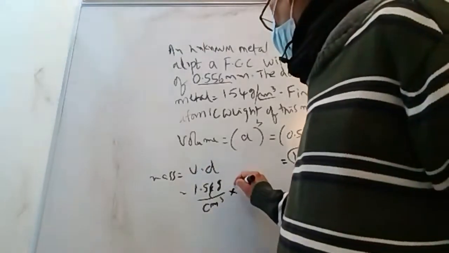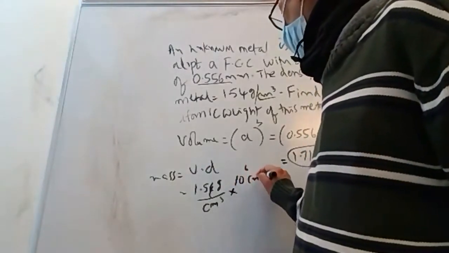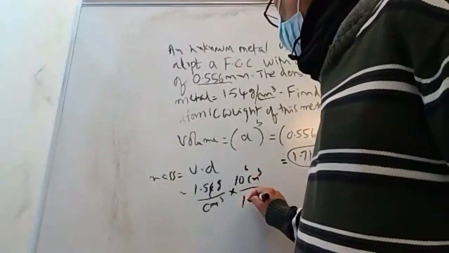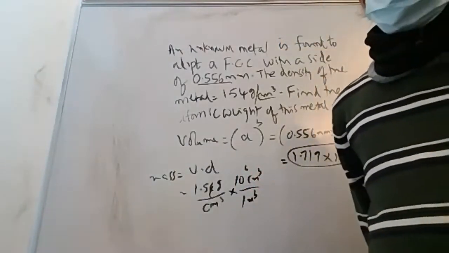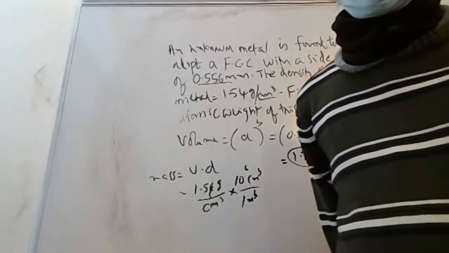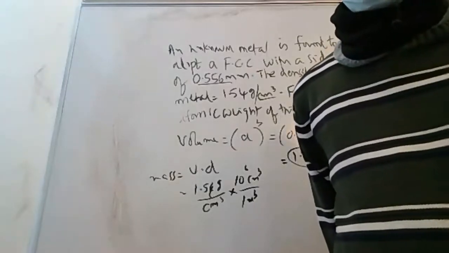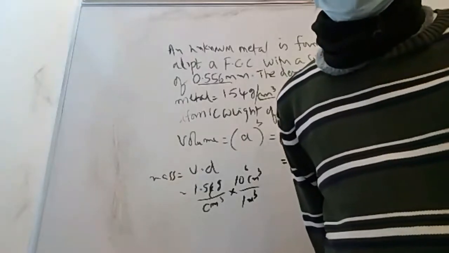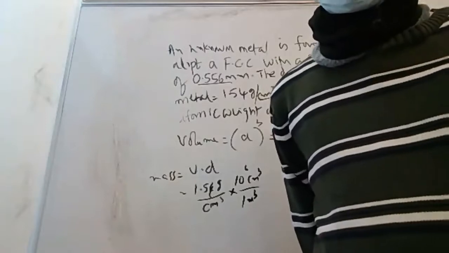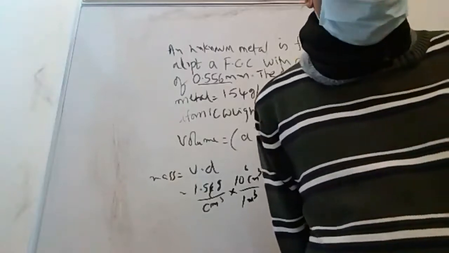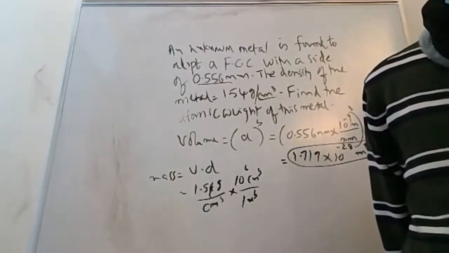For that, I will use 10 to the 6 cubic centimeters is 1 cubic meter, because 1 meter is 100 centimeters, so when you cube the 100, you get 10 to the 6.